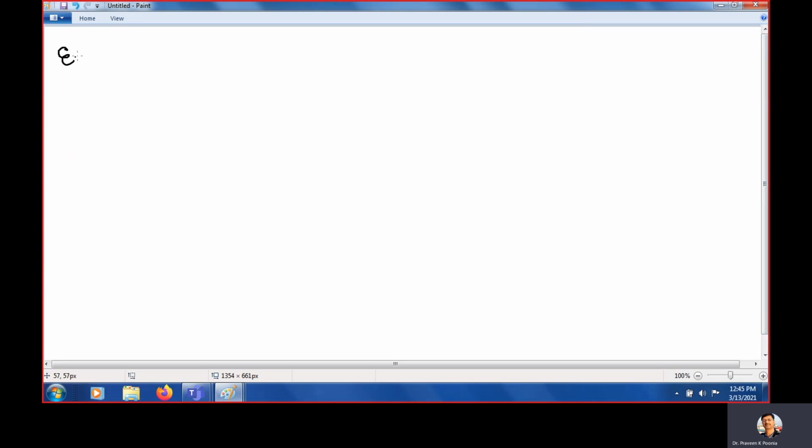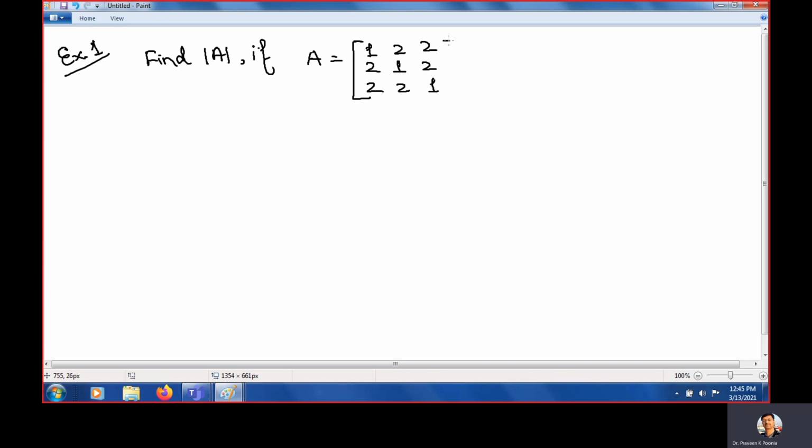Okay, let us write some examples. Example number 1. Find the determinant of A if A equals to some matrix: 1, 2, 2, 2, 1, 2, 2, 2, 1.